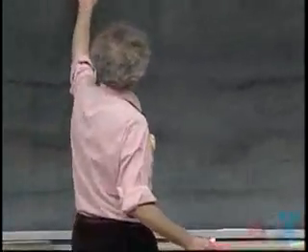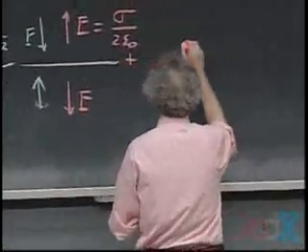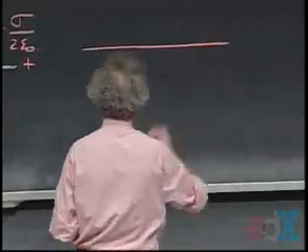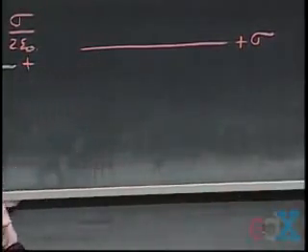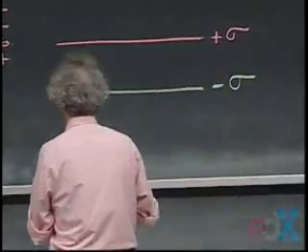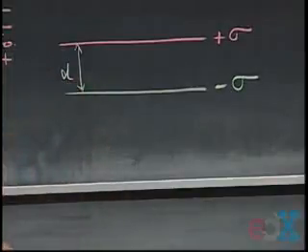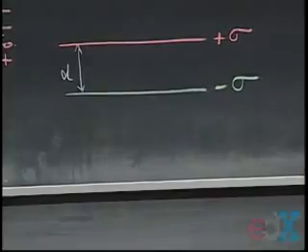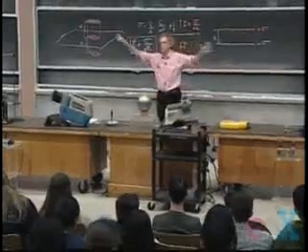And suppose I have here a plate, very large, nothing is infinitely large, of course, and it has a surface charge density plus sigma, and I have here a plate which has surface charge density minus sigma, and the separation between these two plates happens to be d. And the question now is, what is the electric field anywhere in space? Here, here, and here. And we'll think of them as being infinitely large, each plate.